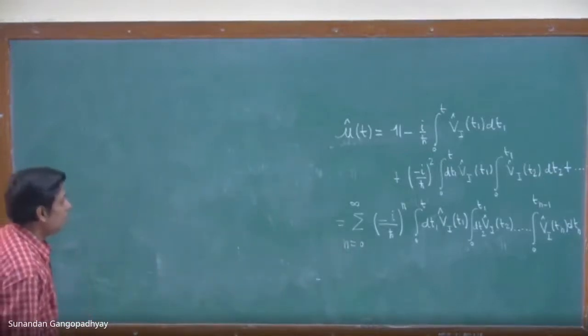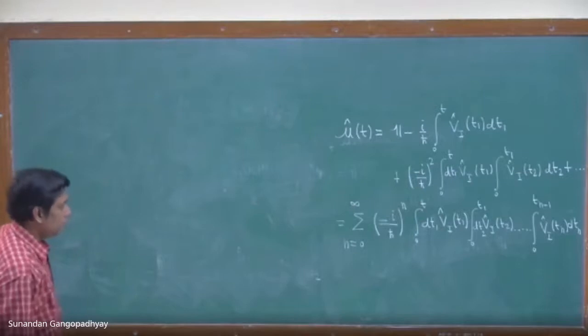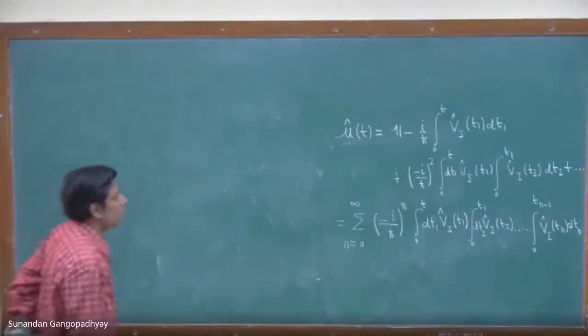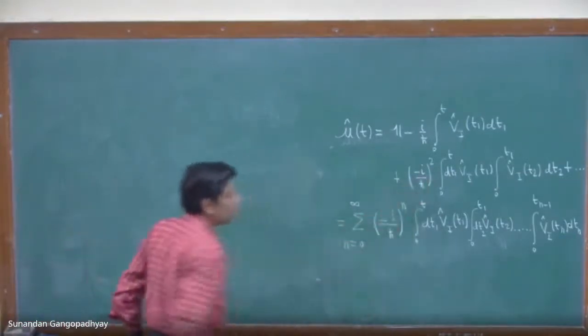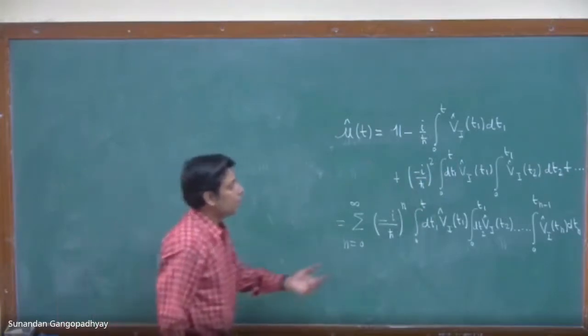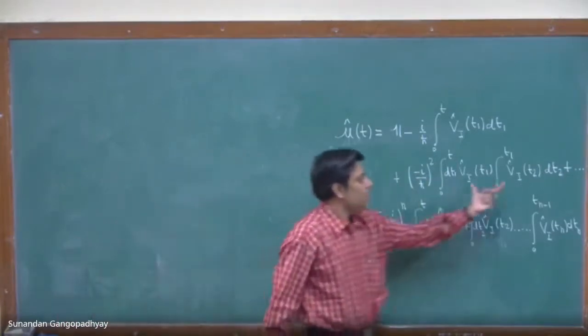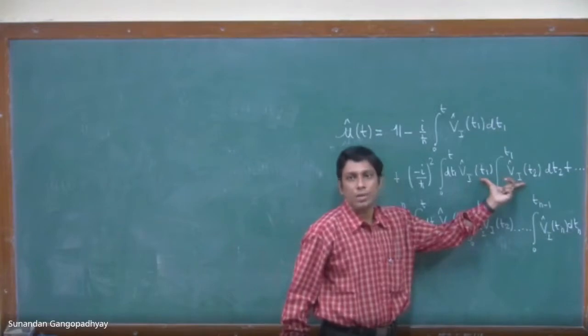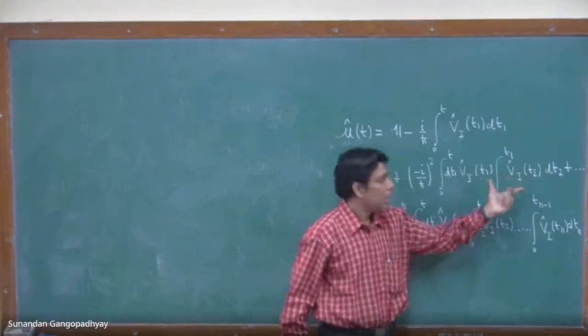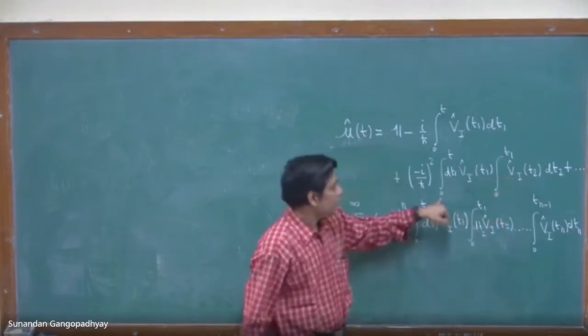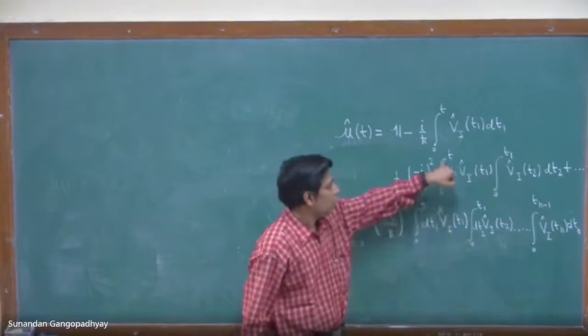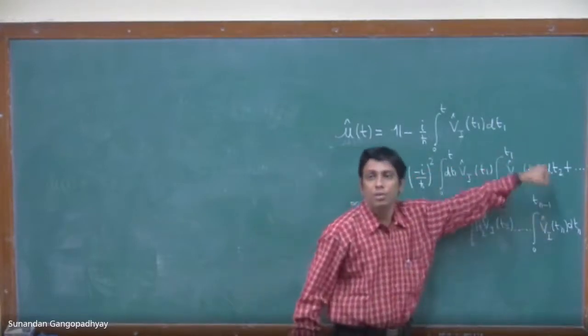Now let us look at the second order term. You will notice one thing, that these are operators defined at two different times. So in general, as I said, they will not commute. Not only that, this integral runs from 0 to t, and this integral runs from 0 to t1, and then 0 to t2, and so on.